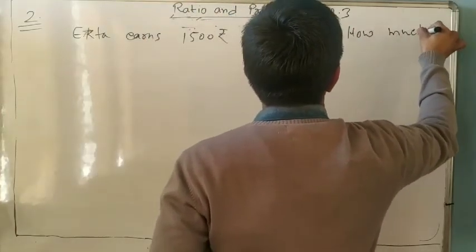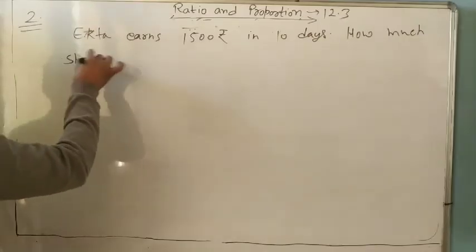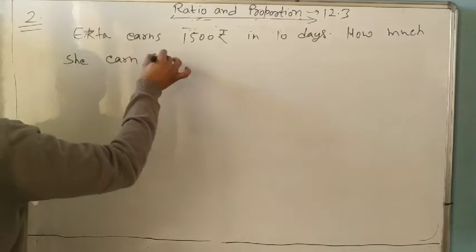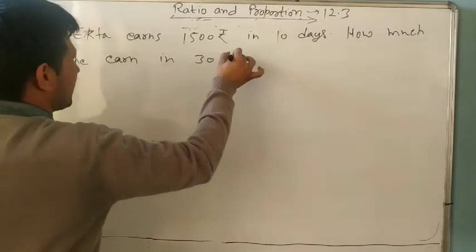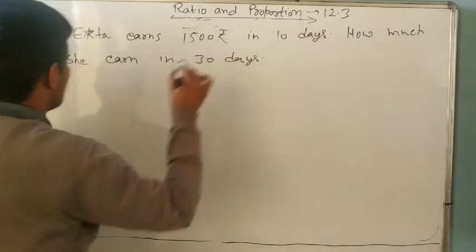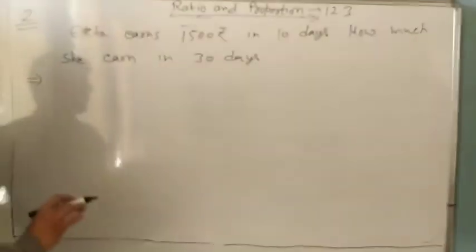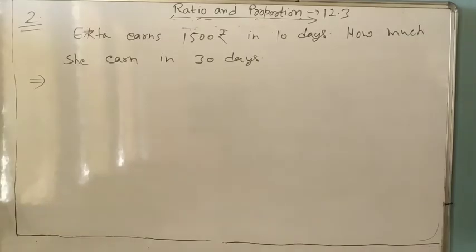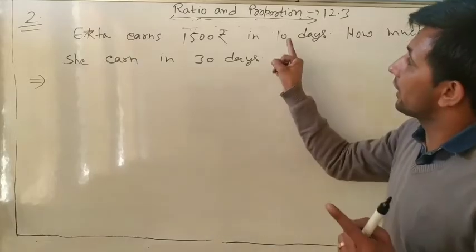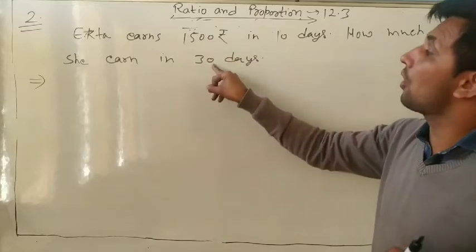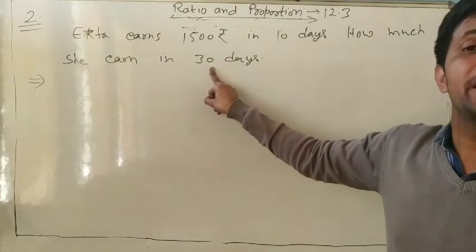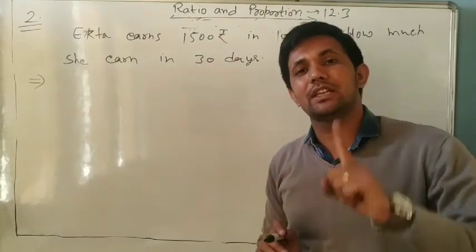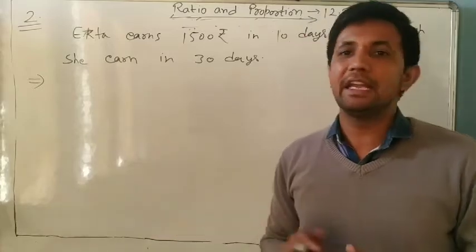How much does she earn in 30 days? Look, it is also the unitary method. Always we will first find the value of 1 unit. If we know how much Ekta is earning in 1 day, we can find it easily.